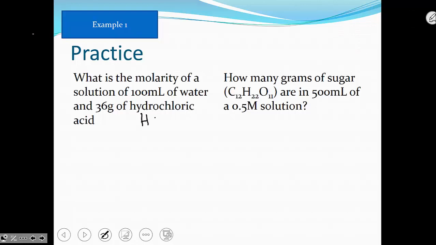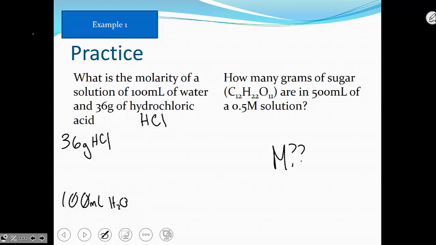Hydrochloric acid we haven't covered yet. How to name acids. Hydrochloric acid would be HCl. So with 36 grams of hydrochloric acid, 100 milliliters of water, we're asked to find the molarity.